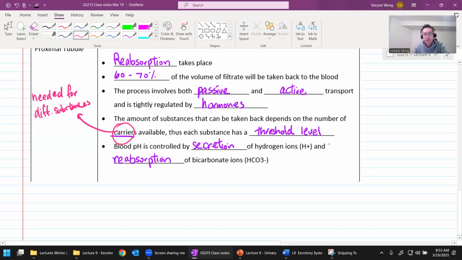So these actions help increase pH. To decrease pH, you would just do less of it. You want to keep the H plus? Fine. Don't secrete it. So that's where we left off.